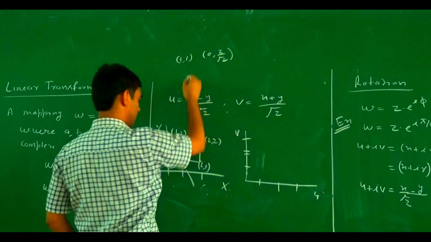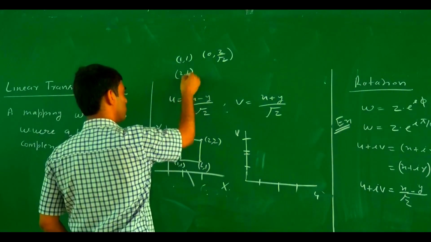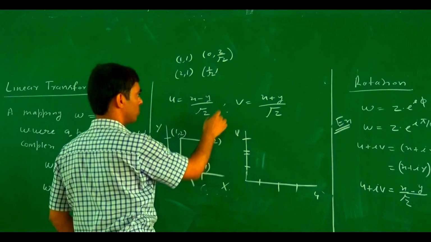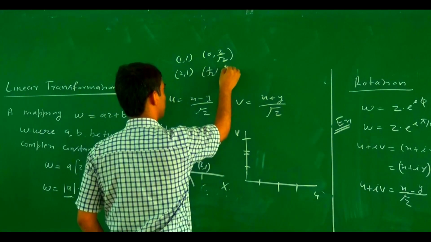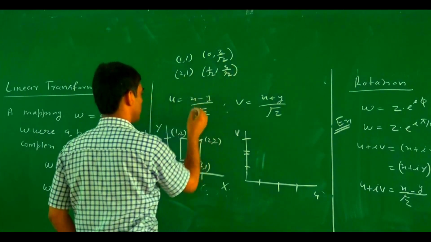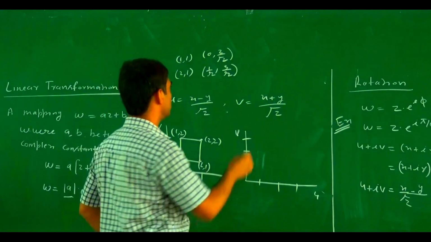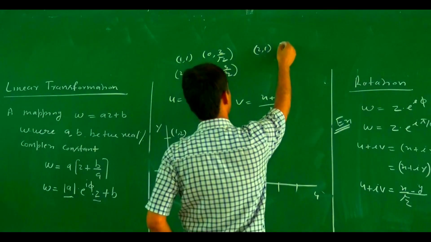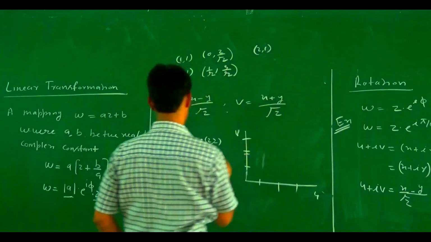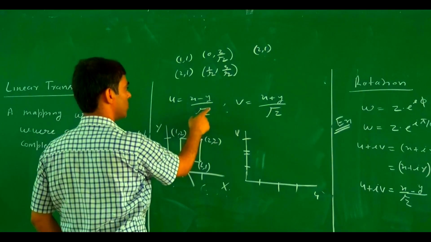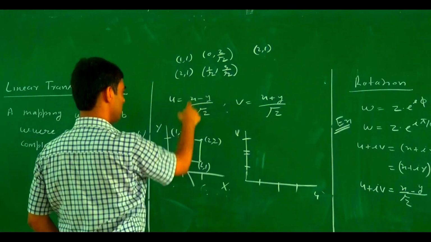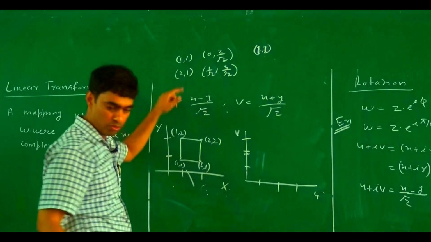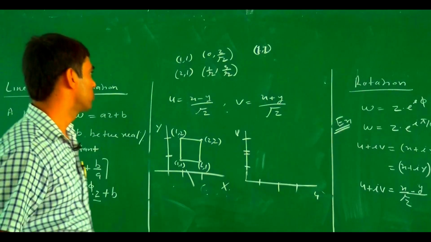Corresponding to (2, 1): 2 minus 1 becomes 1 by root 2, and 2 plus 1 is 3 by root 2.